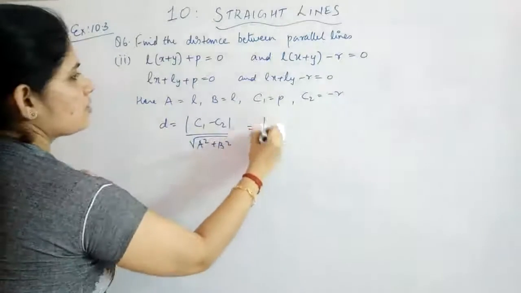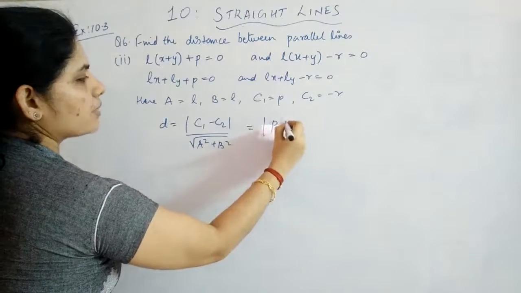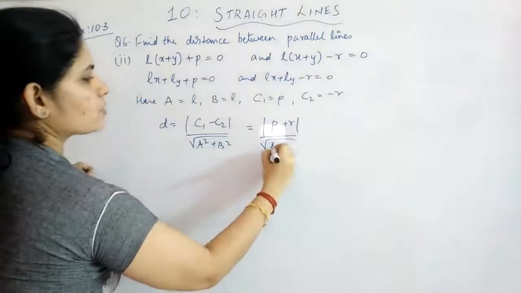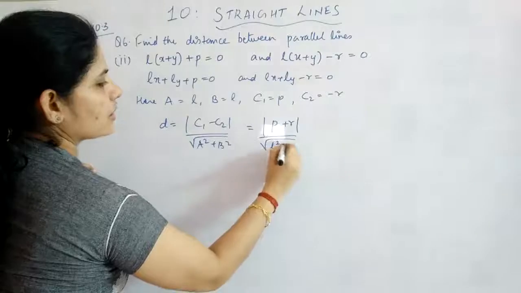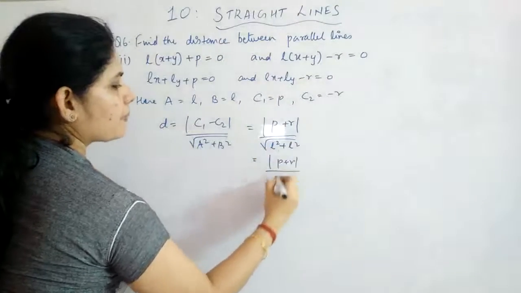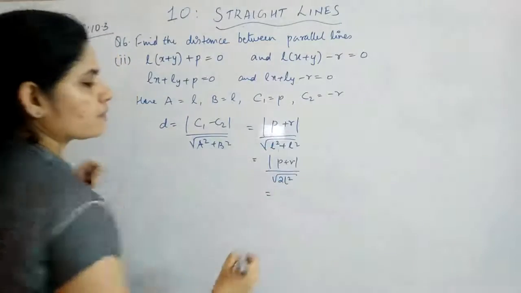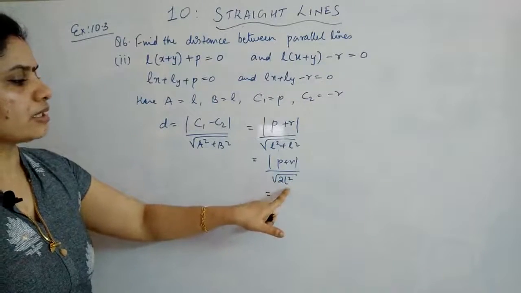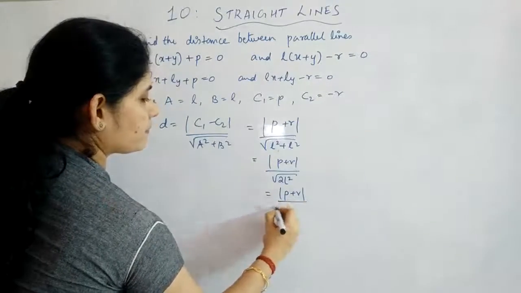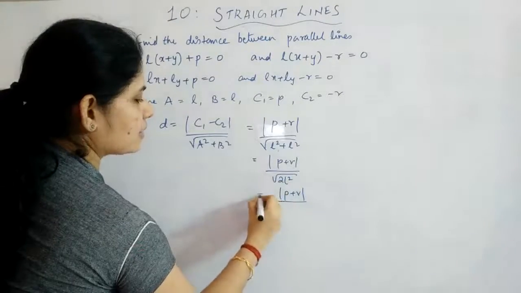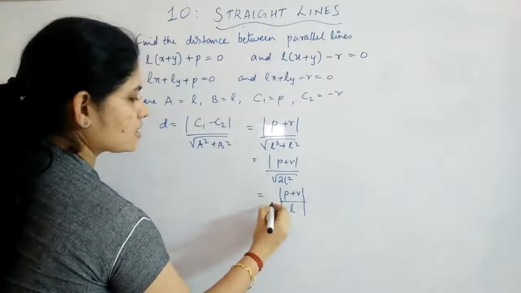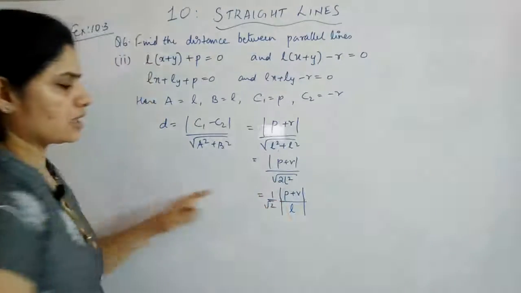Replace the values. Mod of C1, which is p, minus of minus r, plus r, divided by root of, both have L value, so you have L square plus L square, right, which is mod of p plus r by root of 2L square. So taking out from the root, this will become root 2 and this is L. So mod of p plus r by, again you will just take the positive value so that we are just making it as L inside the modulus and writing 1 by root 2 outside because it is positive.